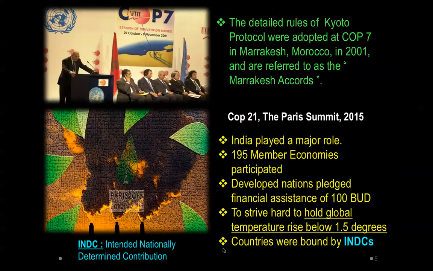Developed nations pledged financial assistance to the extent of $100 billion US, which the Trump administration subsequently took back, and this contribution of $100 billion US for the purpose of promoting sustainability throughout the world is not available to us.